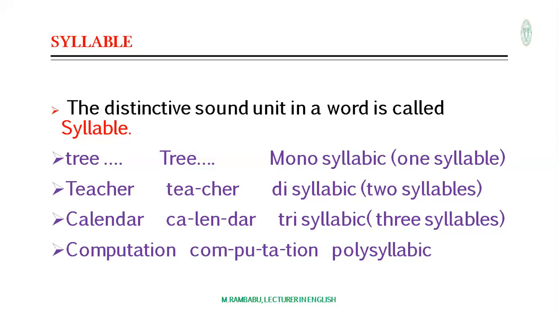Let's take the example tree. It has only one sound unit. So it's called a monosyllabic word. As it has only one syllable, it's called a monosyllabic word. Mono means one.